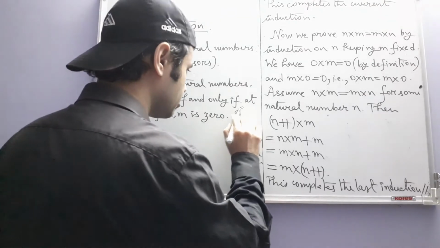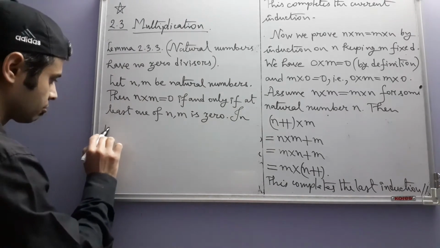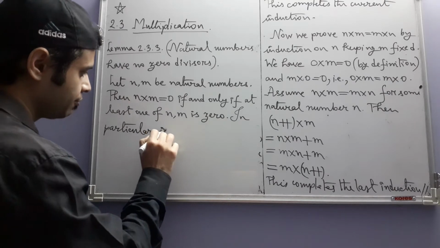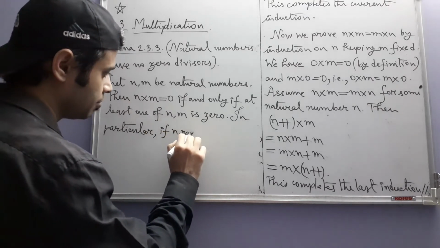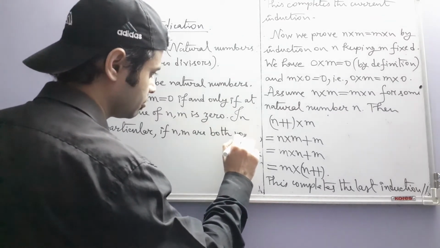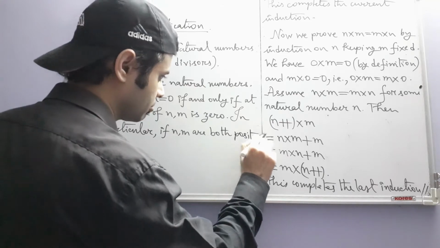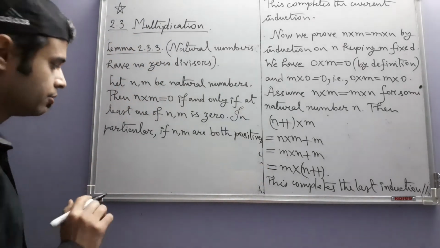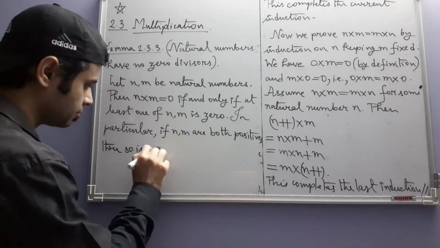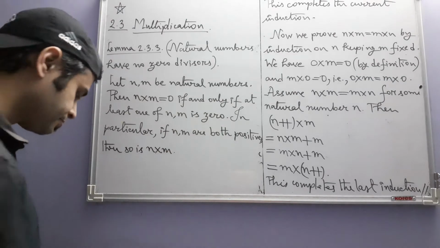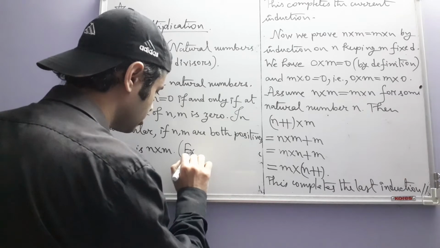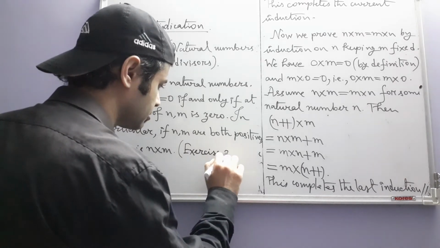In particular, if n, m are both positive, that is, if both are non-zero, then n cross m is also positive. And this appears in the text as the second exercise.